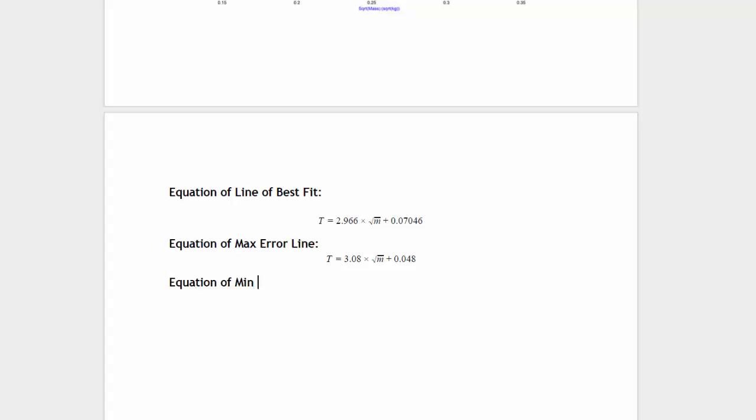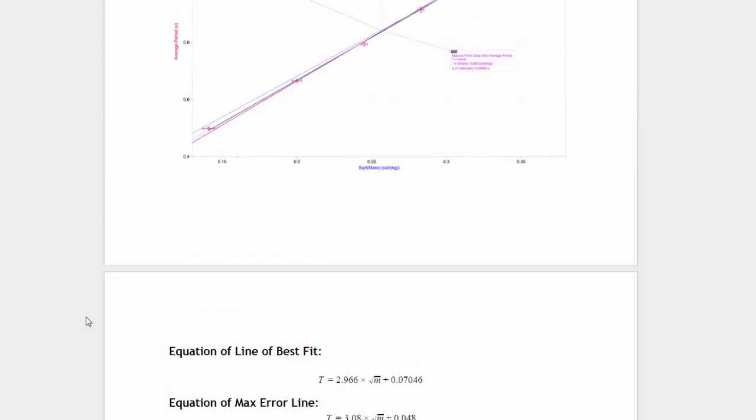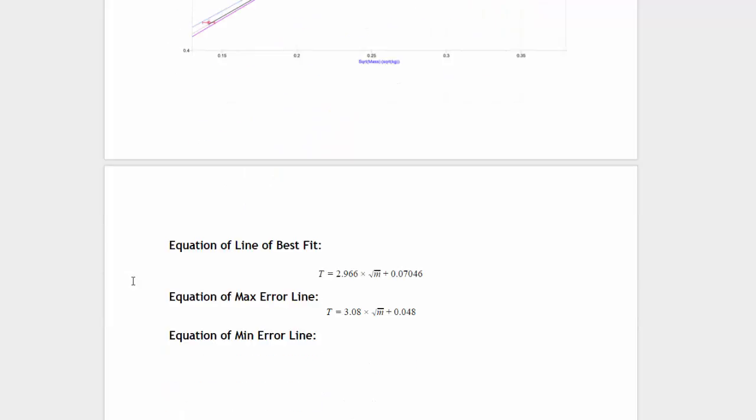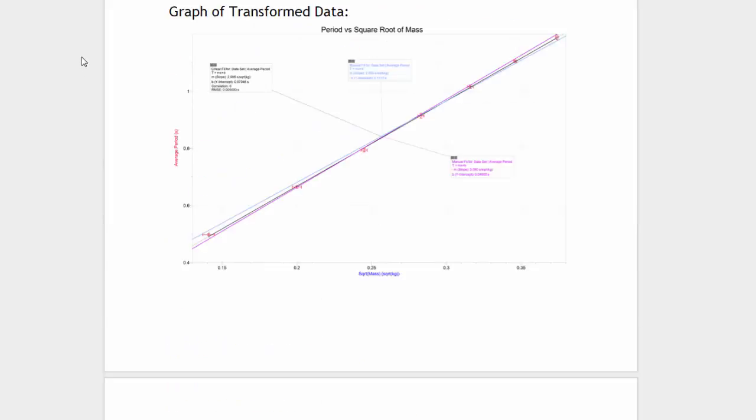Equation of min error line. And now we use the blue one. So 2.85 and 0.111. T equals 2.85. Oops, I want to do this as an equation so it's consistent. T equals, what was it again? 2.85 was it?